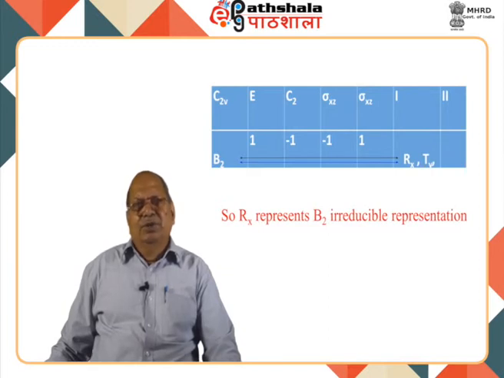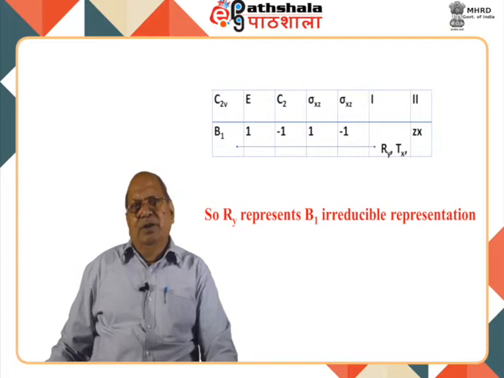So, Rx represents the B2 irreducible representation. Let us take the Ry rotational vector. In the character table for the C2V point group, we find against B1 there is Ry and Tx. So, Ry represents the B1 irreducible representation.